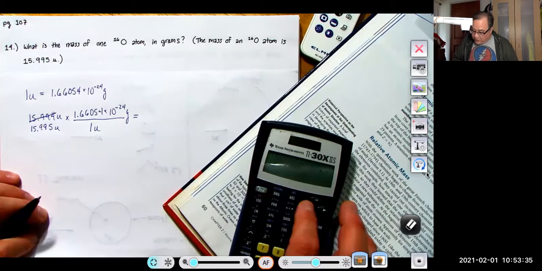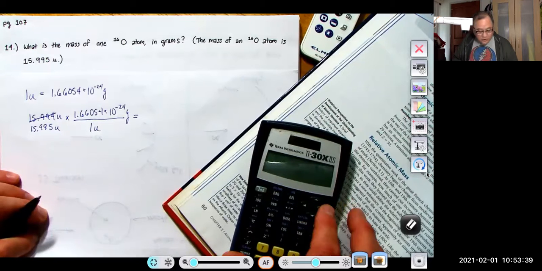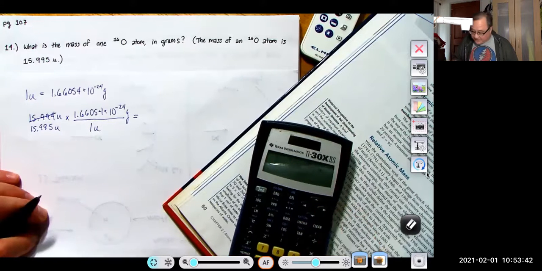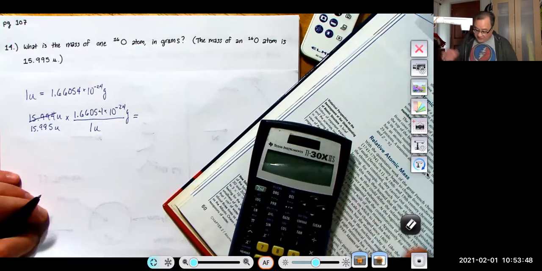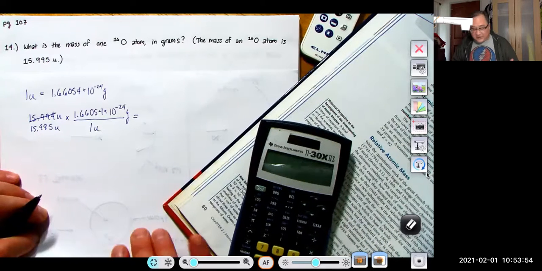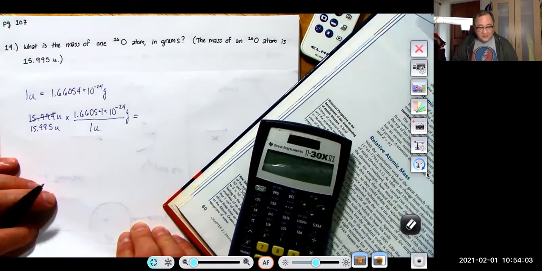Uh-oh. So I said the answer should be about 2.6 times 10 to the minus 23. I made a mistake in putting my number in, but I'm going to continue as if I didn't make a mistake. Okay, and my answer comes out to be 7.45 blah, blah, blah times 10 to the minus 23. And I expected 2.6 times 10 to the minus 23.